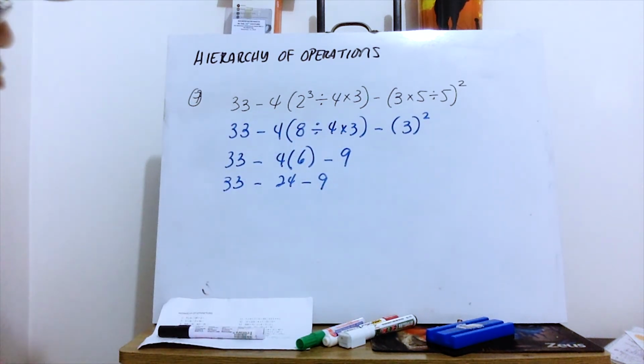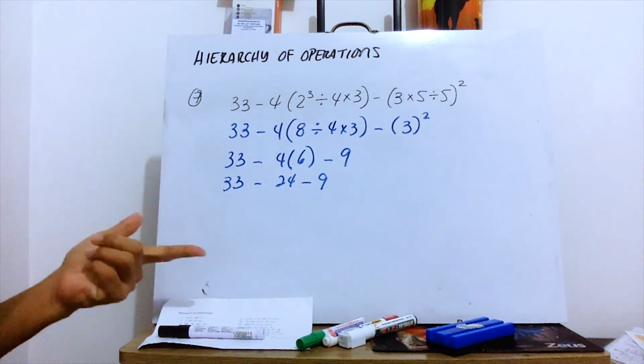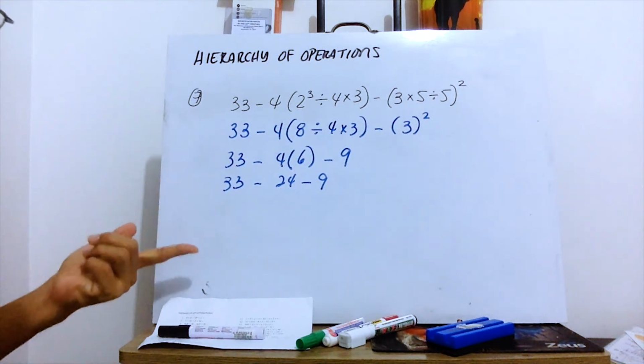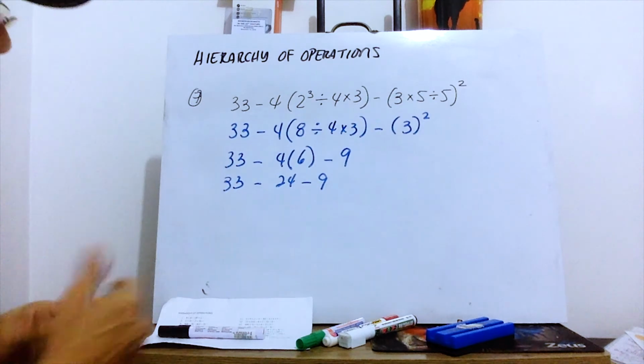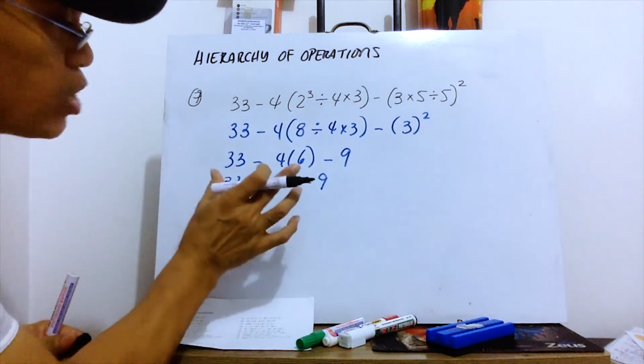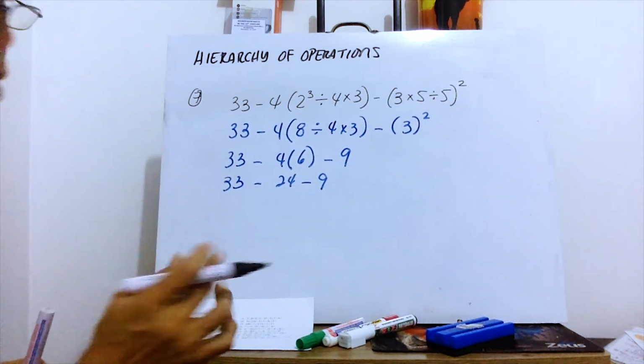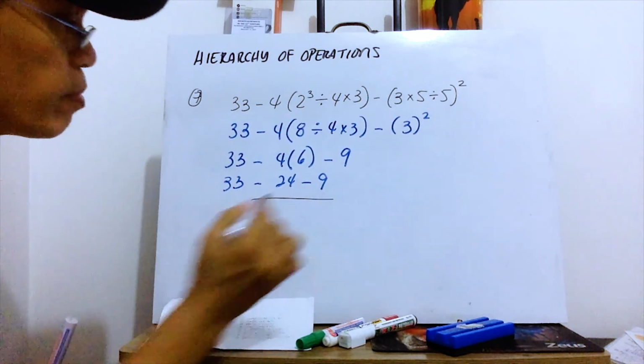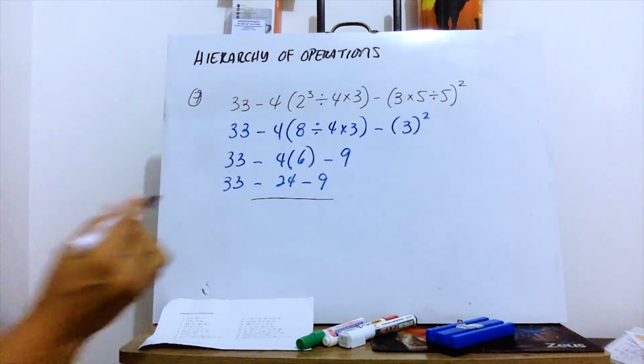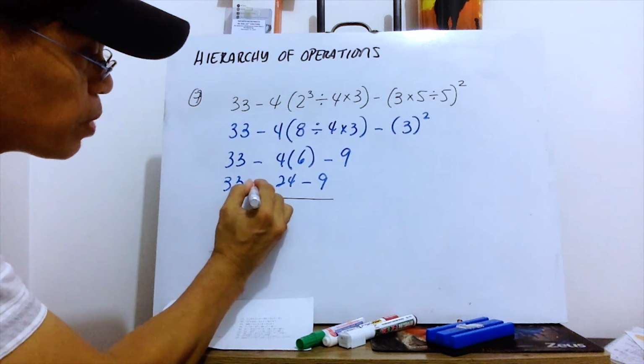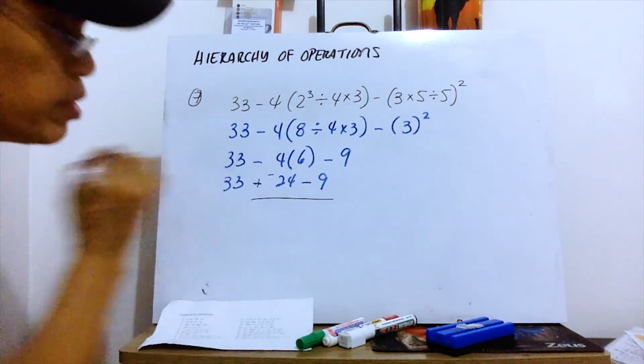Now, if it's a combination of positive and negative numbers, this is what I do. I combine first the ones with the same signs. Remember in my last video, we make this plus, but we change the sign of the next number.